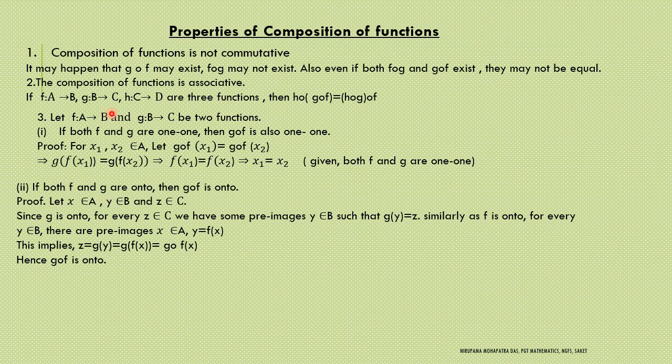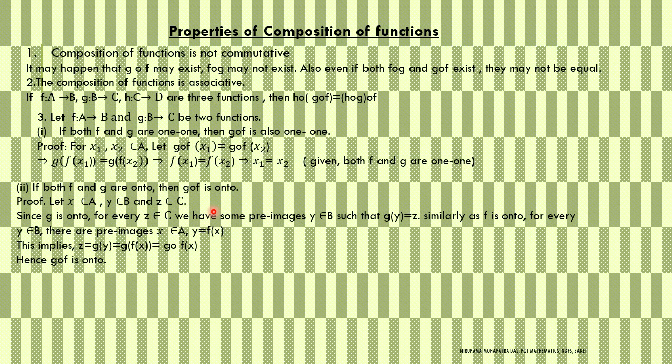And the second part of this property is, if both f and g are onto, then g of f is onto. So here you see, for an onto function we prove range equal to codomain. Suppose for example f is a function from A to B. If f is onto, what should we prove?